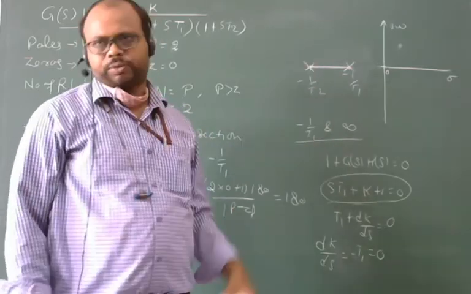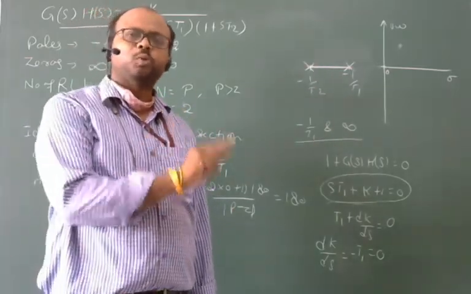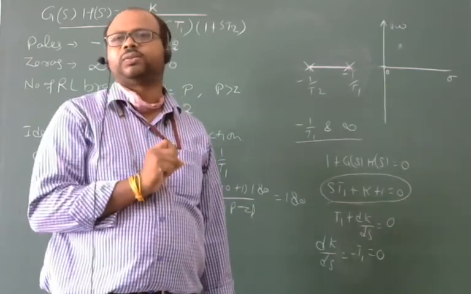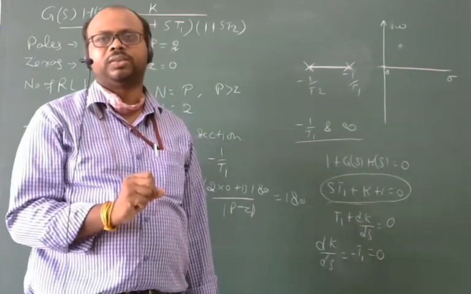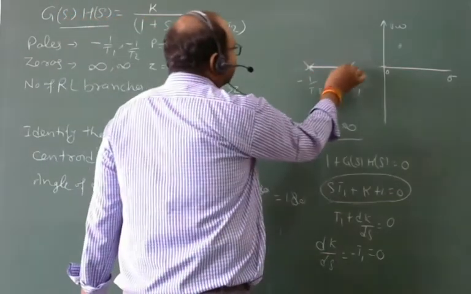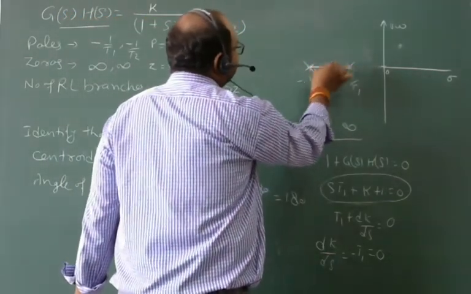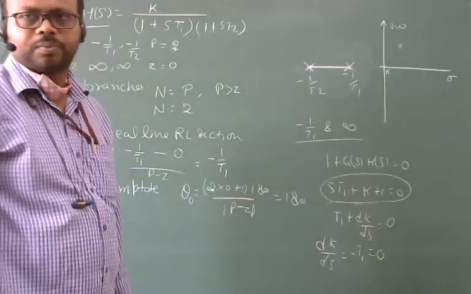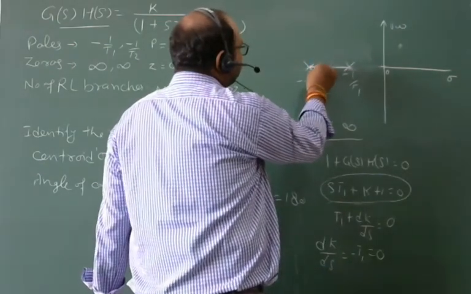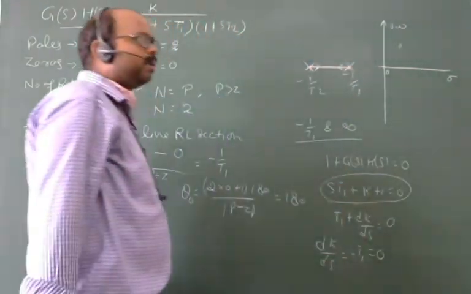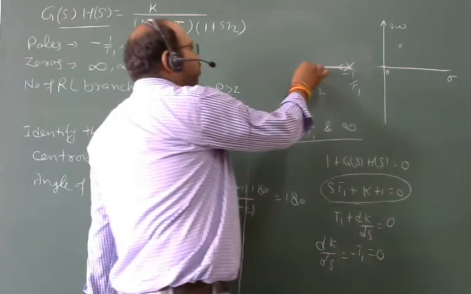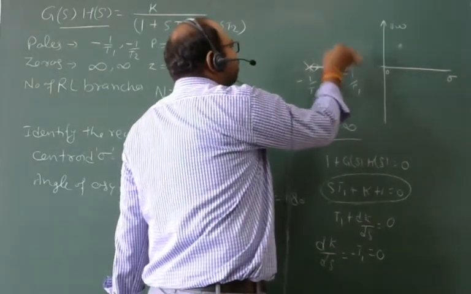Here we have two poles, and from these two poles root locus will go to two infinities, two zeros which are situated at infinities, right? And since root locus exists in between the two poles, one branch will come from here and one branch will come from here.